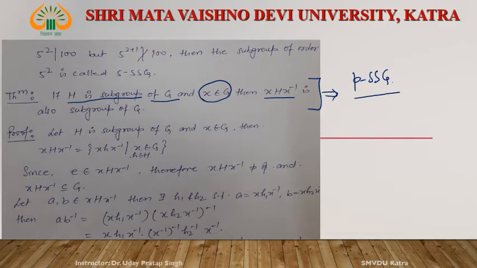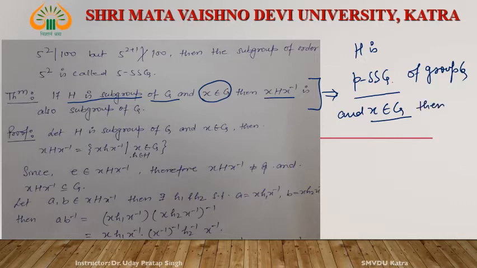If H is a p-Sylow subgroup of G, and x is any element of G, then x H x inverse is also a subgroup of G, and this is also a p-Sylow subgroup. Okay, let us see the definition, whether this thing happens or not.